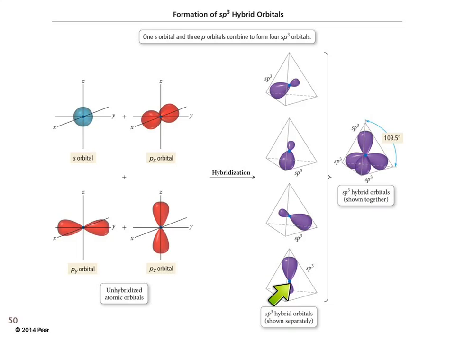They do have a node, and so there are 2 lobes. One of them is much larger than the other. When we draw them all together like this, we usually ignore this little lobe on the other side. But if you look at this one compared with, say, this one, when this one overlaps with an s orbital, well, I guess the s orbital's blue.